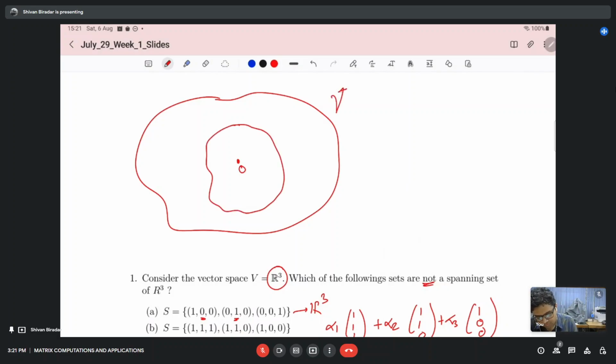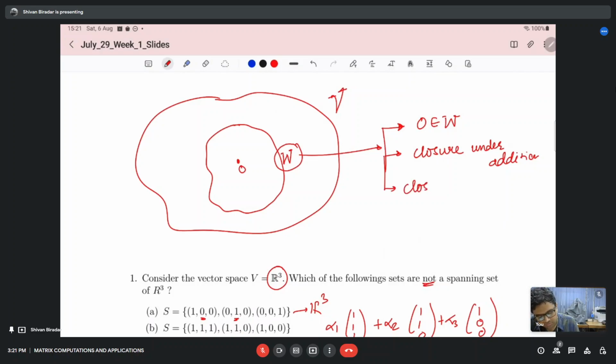This vector space is named B and this subspace is named W. If this subset W satisfies some properties, the first being that the zero vector must belong to W. Then second, it must be closed under addition, and closed under scalar multiplication.